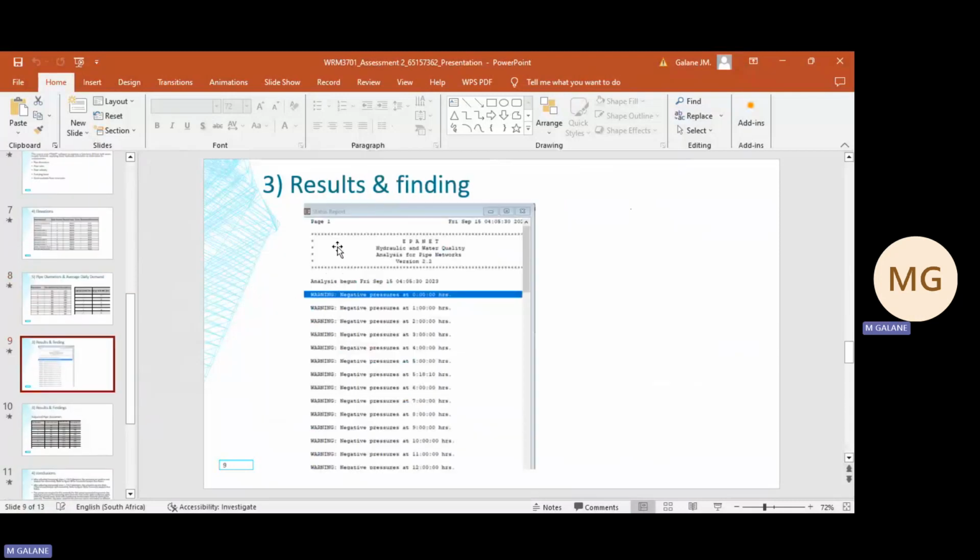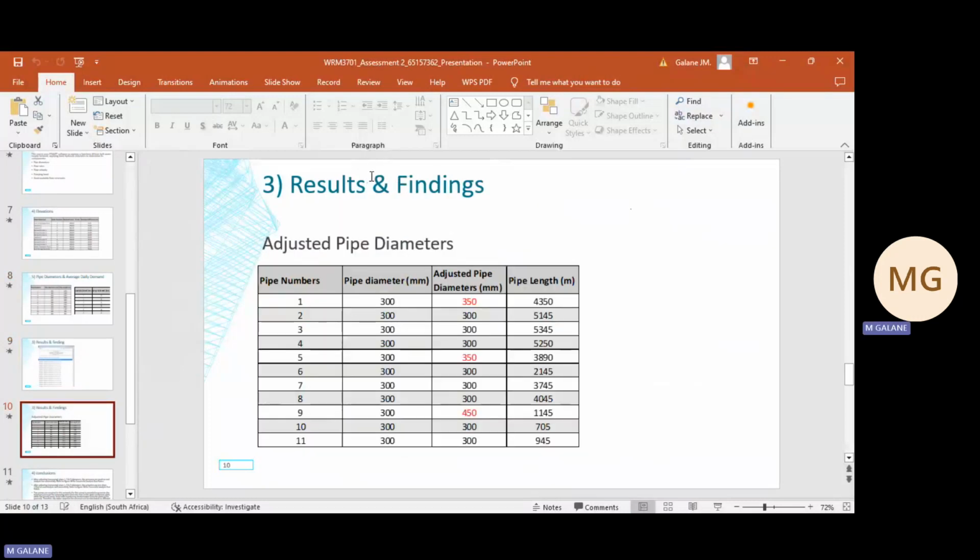On the next slide, after running through and putting all the given information in EPANET, we realized that we were experiencing negative pressures. To alleviate the problem of negative pressures, we adjusted 3 pipes.